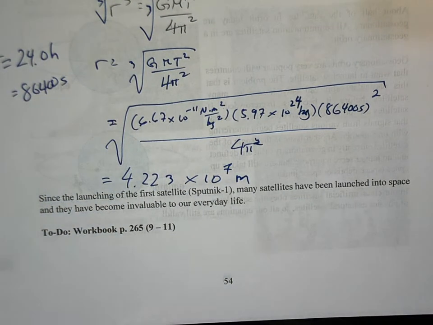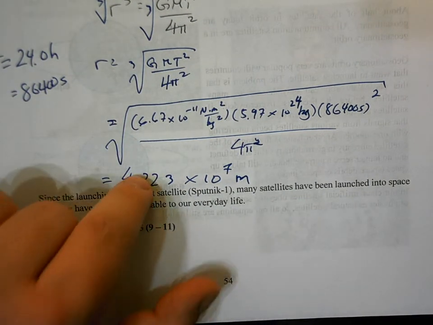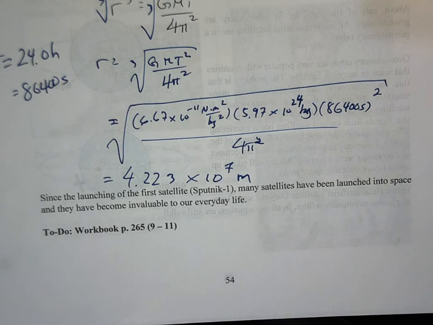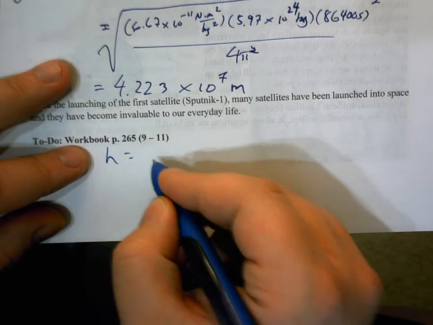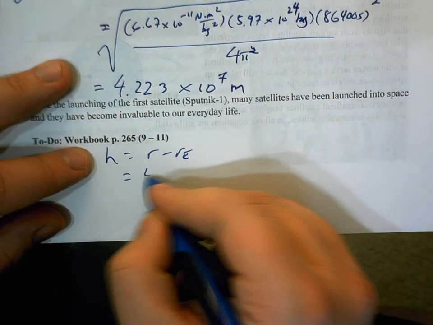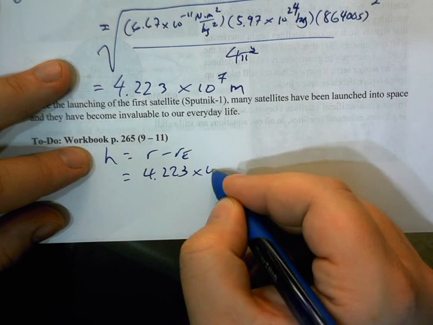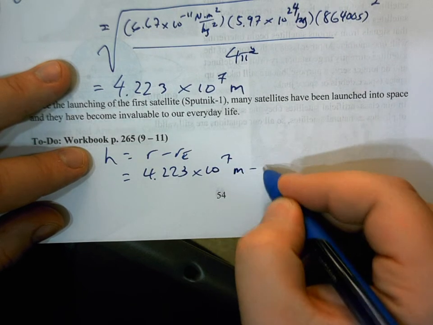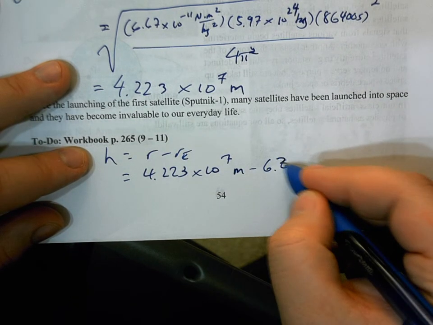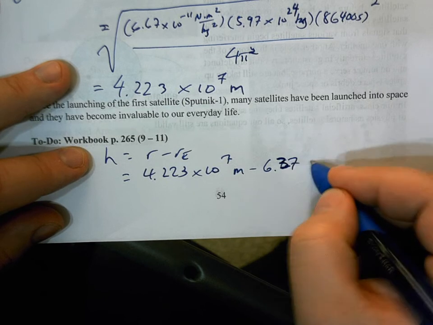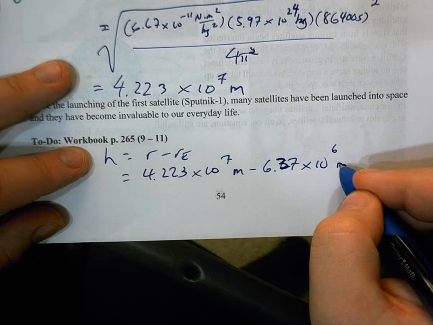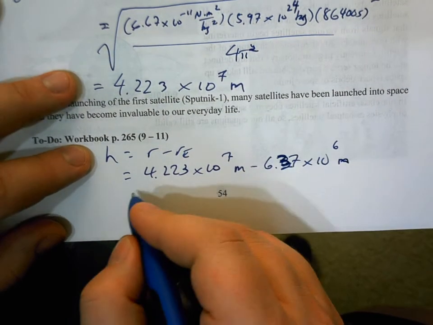But I need you to remember, that distance is from the center of the Earth to the center of the satellite. We would just like the distance from the surface of Earth. So to get the altitude, we have to subtract off Earth's radius, which again we know is 6.37 times 10 to the 6 meters.